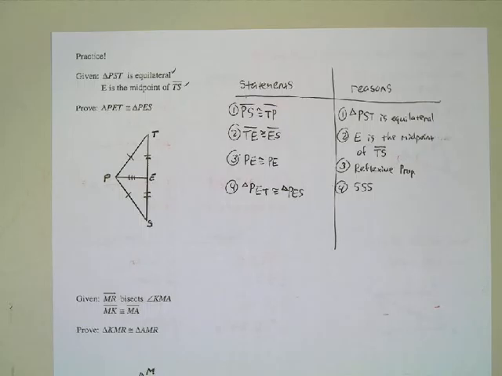The angles are all equal as well. And so angle S and angle T are both angles of this big triangle, and so they'll be equal because all their sides are equal too. So you could actually get away with saying angle PSE and PTE are congruent because this triangle is equilateral. You could use the same argument as you did there. So that would work, and then it would be side, angle, side for yours, which is a legitimate congruence proof too. So that's another way to do it.